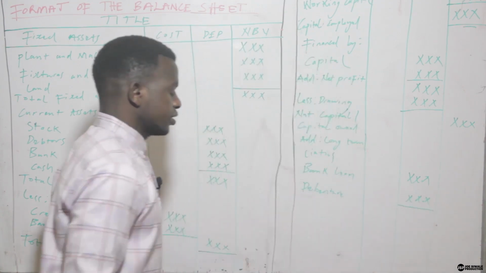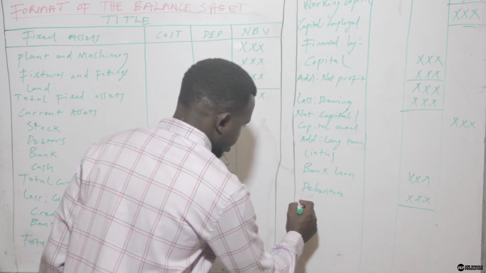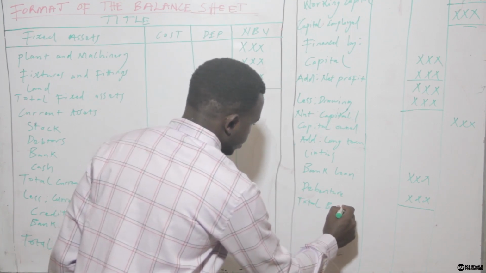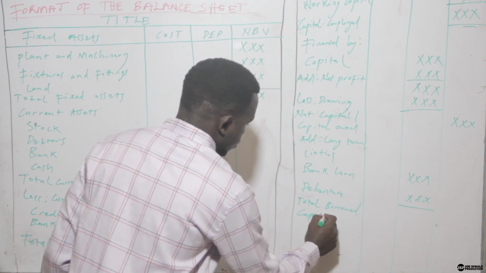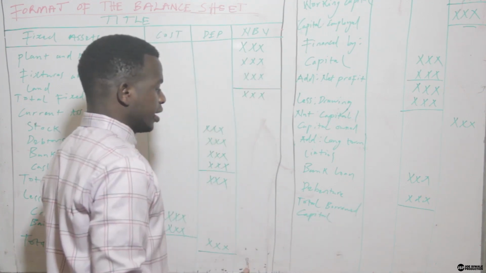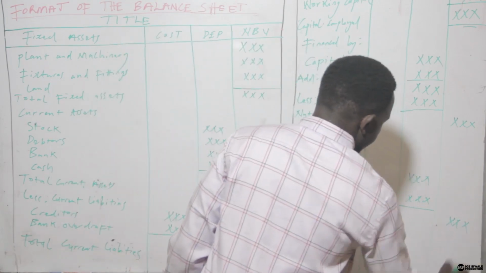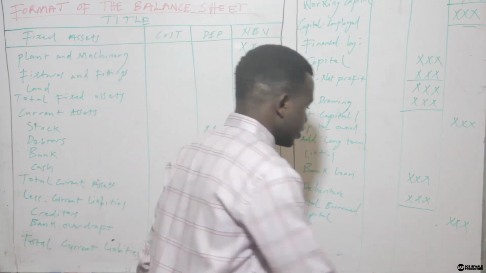So we can find the total between bank loan and debenture, and we can say total borrowed capital or total long-term liabilities. So we're going to put our total borrowed capital there.